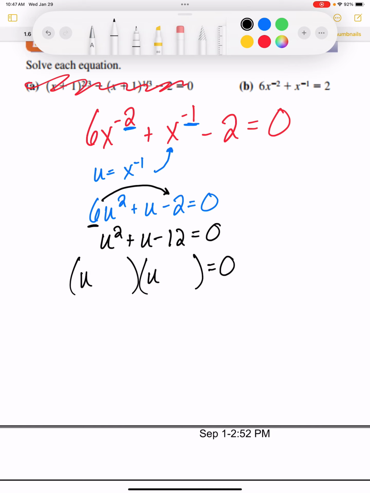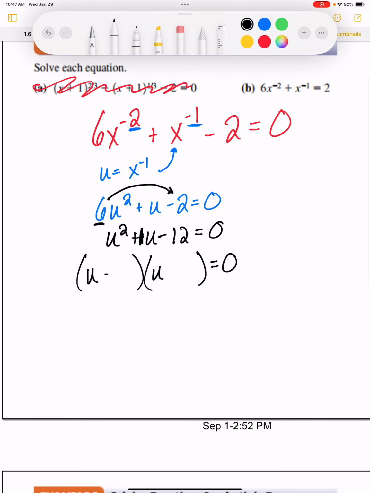And then I'm looking for two numbers that will multiply together to give -12, but when I add them together, I'll get +1, the 1 right here. So I'm thinking 3 and 4. The 4 needs to be bigger, so -3 and +4. If I multiply them together, I get -12, and if I add them together, I get +1. So I know they're going to work.